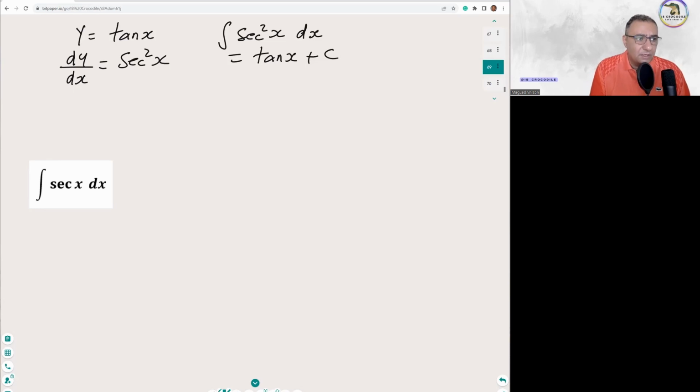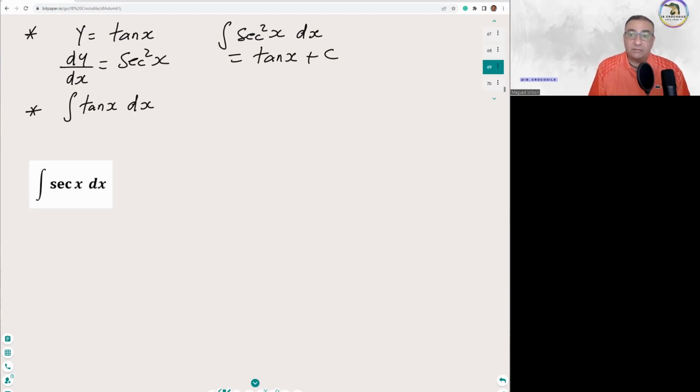Okay. Now the challenge is if we need to find the integration of tan x. That is really starting to have some challenges, because I know how to differentiate tan x, but how to integrate tan x? What is the function whose derivative is tan x?